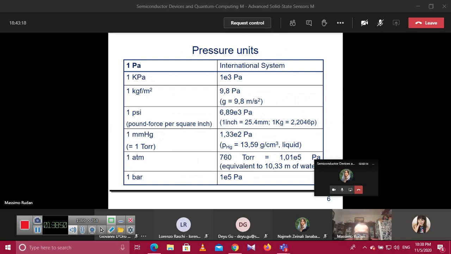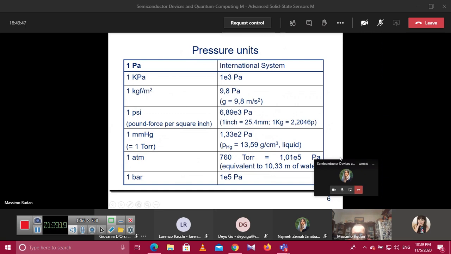The atmosphere, the standard atmosphere at 0 degrees centigrade is equivalent to 760 torr, or about 1 times 10 to the 5th Pascal.